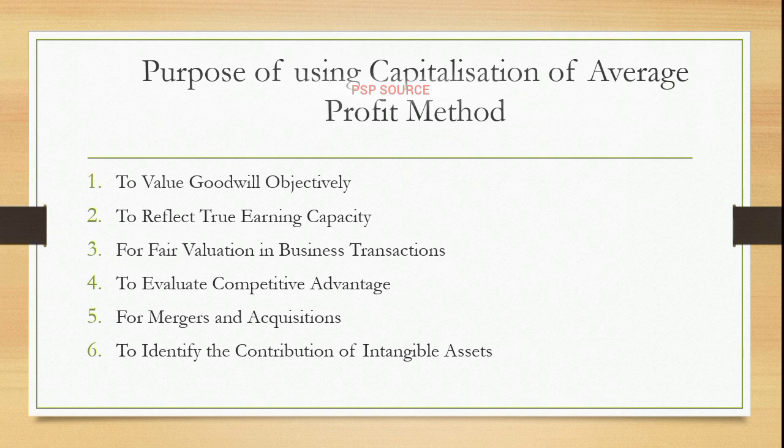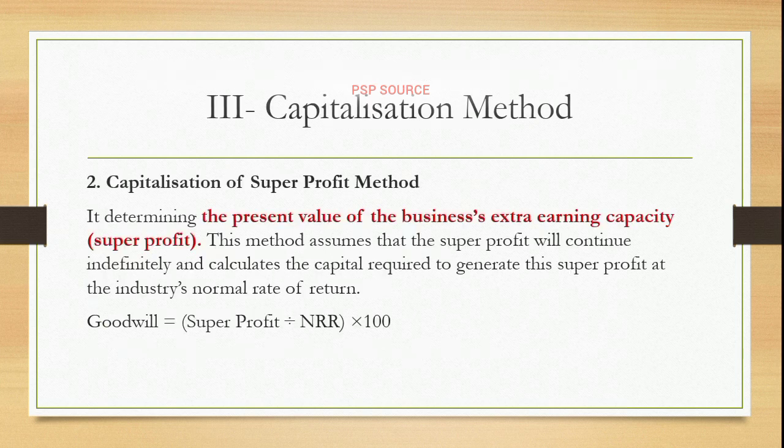Okay. After that, we'll discuss the capitalization method. The second method of goodwill valuation is the capitalization of super profit method. It determines the present value of the business's extra earning capacity, that is super profit, which means it also helps to assess how much capital is required to get super profit at the normal rate of return or expected rate of return, including risk level.